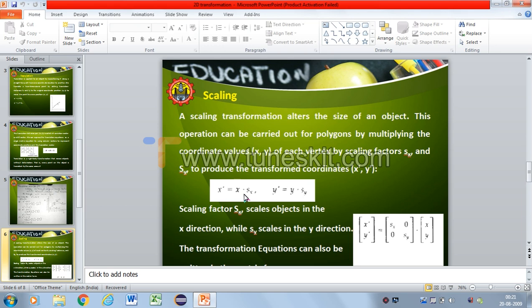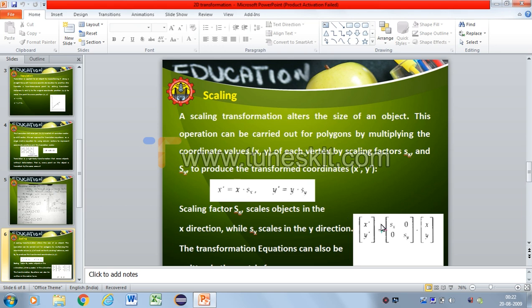Plus means you can shift. Okay, so x dash, how does it come? Your original coordinate x is multiplied with the scaling factor Sx, and y dash comes from the original y multiplied by the scaling factor Sy.